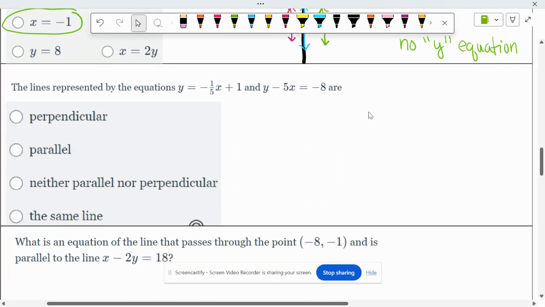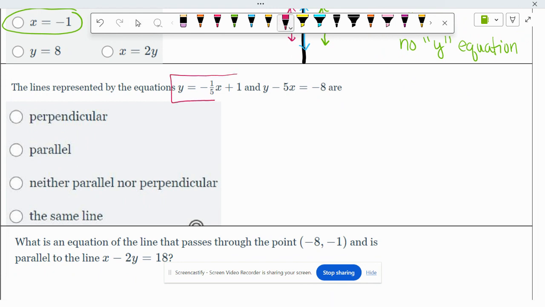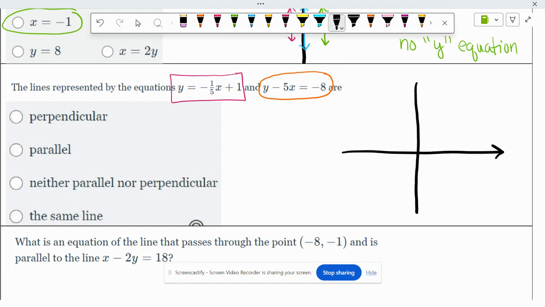Lines represented by the equation y equals -1/5 x plus 1 and by the equation y minus 5x equals -8 are what? Well, the first thing that I would do if I was given this question is I would probably put it into Desmos and I would graph it. I'm just going to sketch a graph really fast.